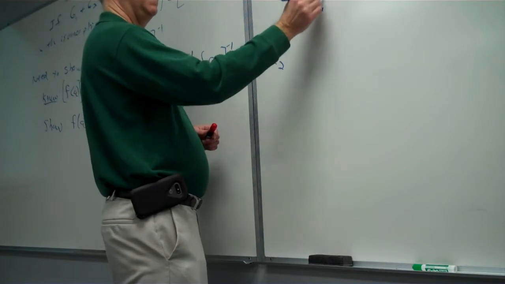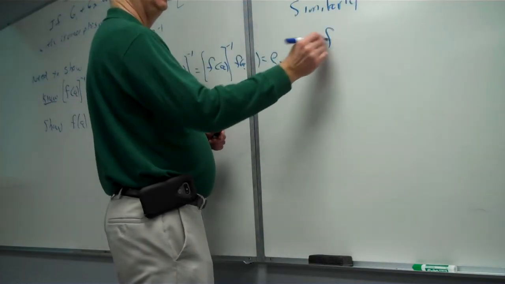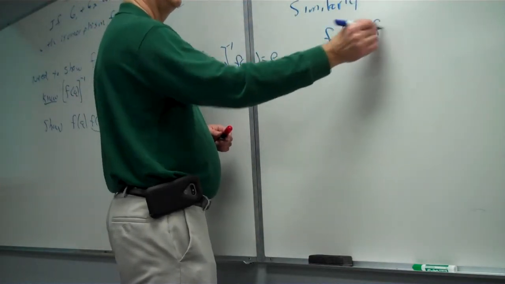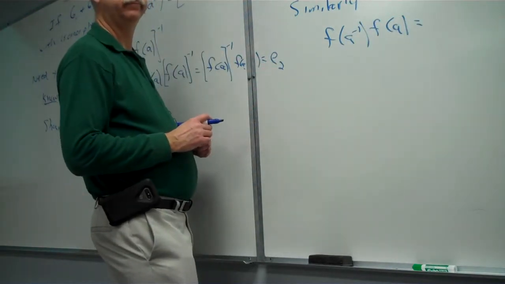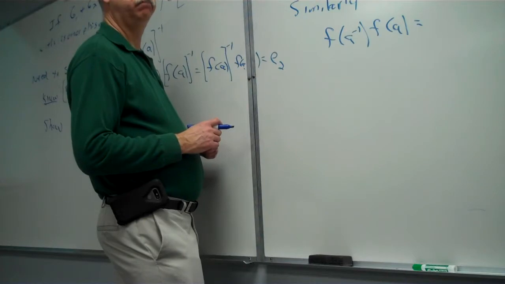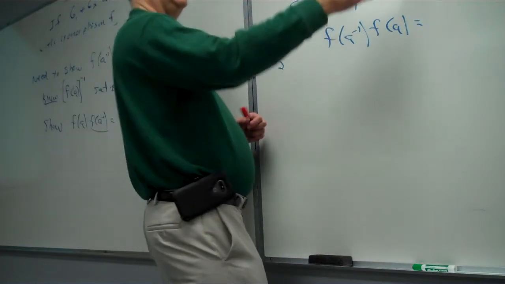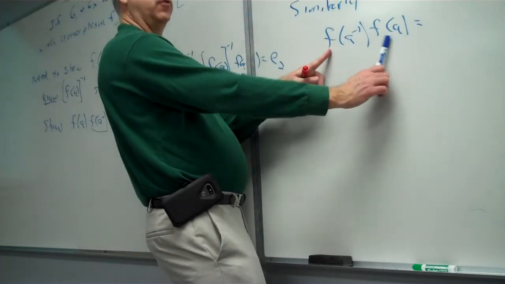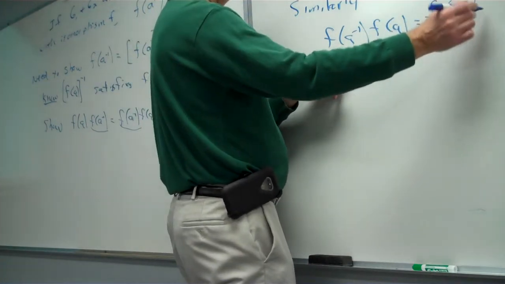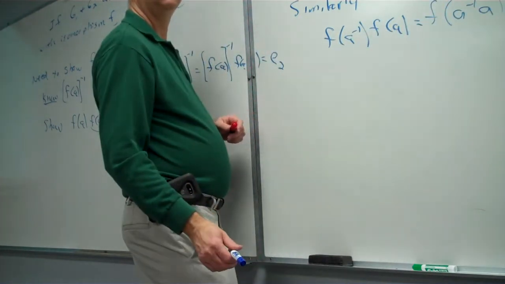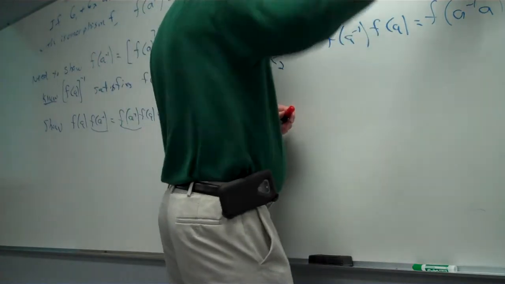Similarly, if we do the other order, f of A inverse f of A, well, same type thing we did here. We could either map first, which we did here, and then combine, or we could combine first and then map, since F's an isomorphism.